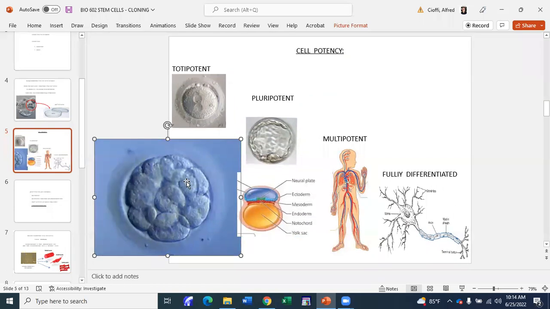How they duplicate at every passage, at every mitosis. Each one of these blastomeres is still pluripotent, and I talked about that already. So that means that if any one of these is plucked out, this single blastomere has the potential for becoming a whole human embryo. Each one of these blastomeres, yes.